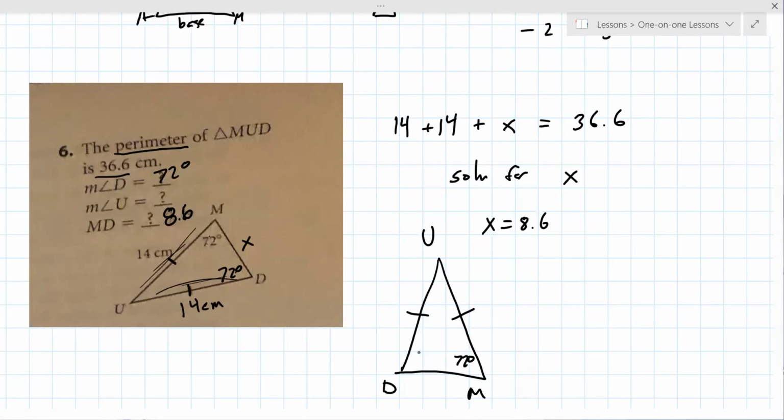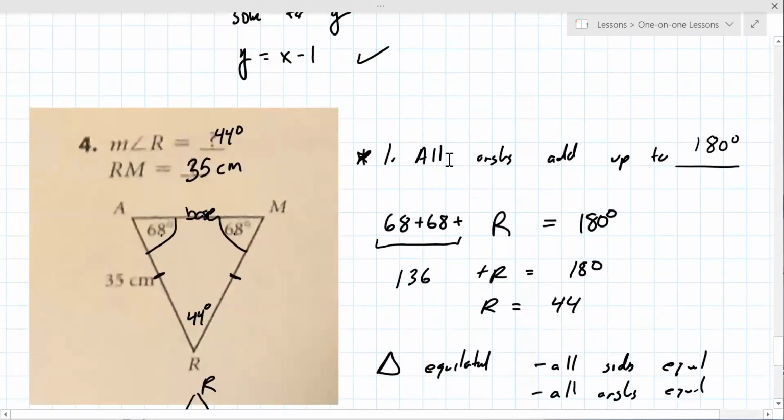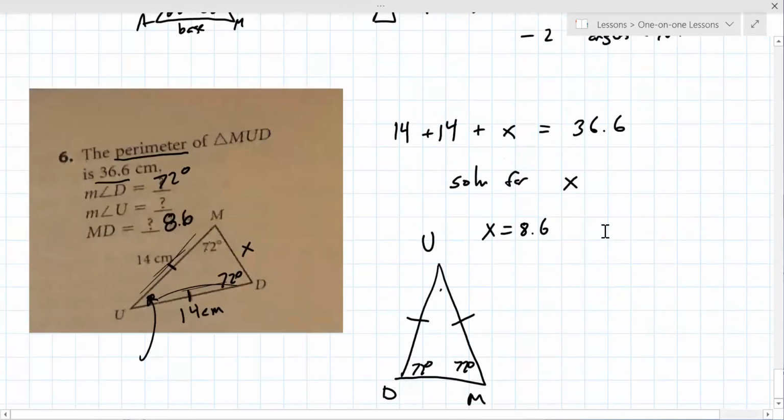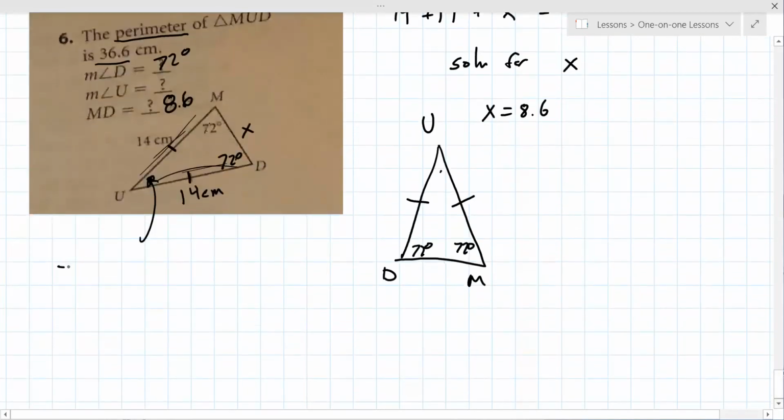So how do we find that third angle? That third angle, that one up here, or this one right here? You do the same thing that you did for the partner. Well, all angles add up to 180. Mm-hmm. So that means that 72 plus 72 plus, I'm going to call it U, has to equal 180.